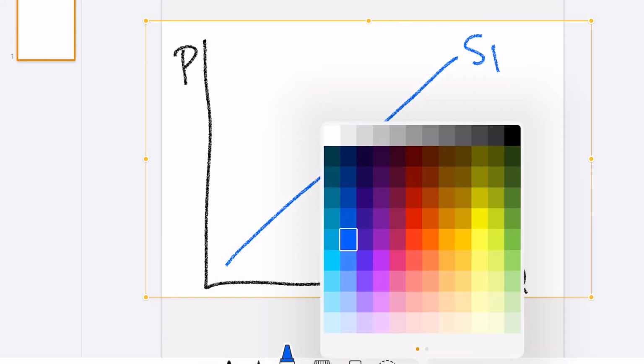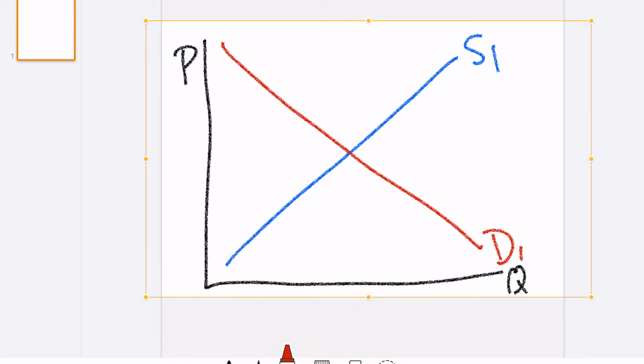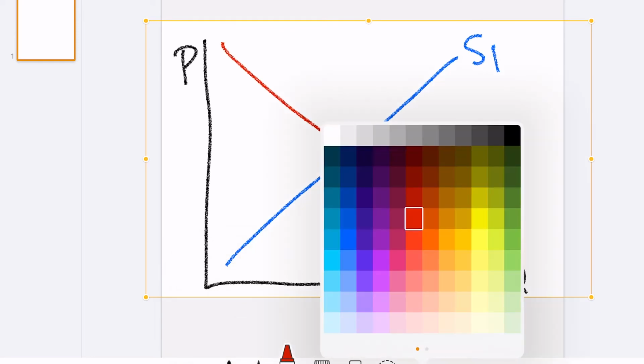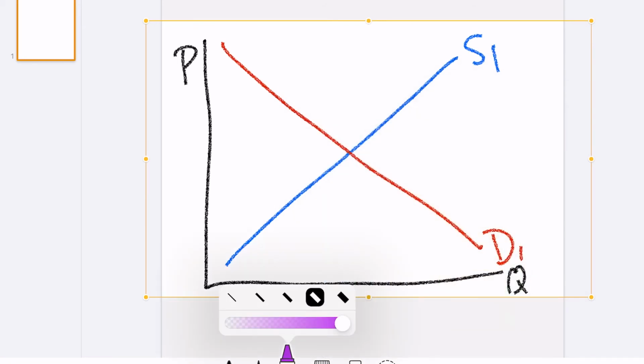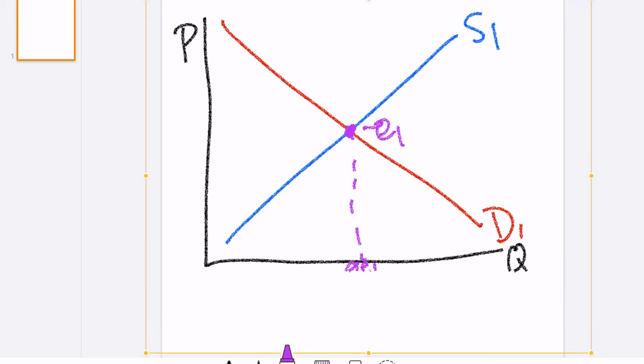We're going to draw demand, label it D1. And then we are going to label our equilibrium points. So this is E1. Follow it down to the axis. You have QE1. And then follow it to the price axis.